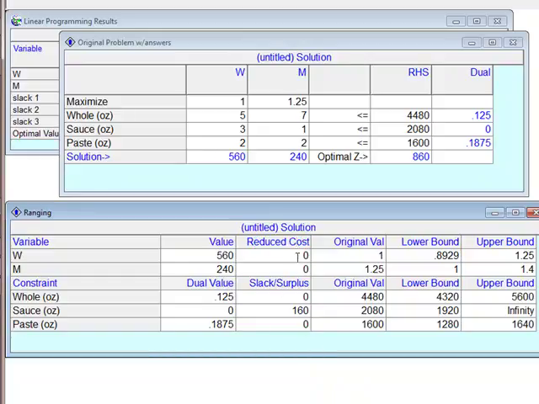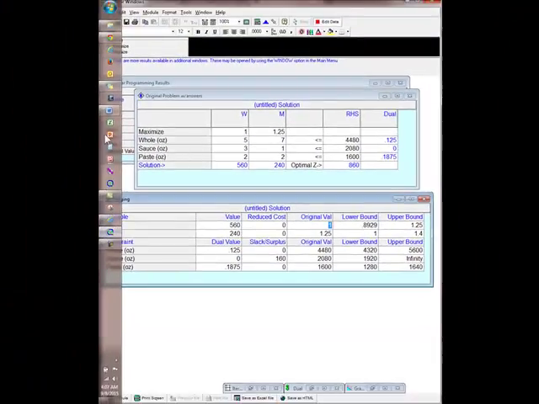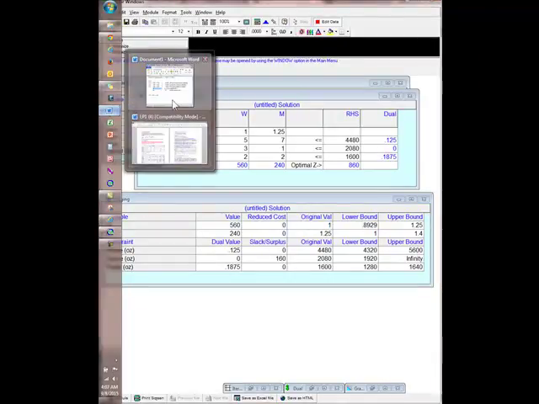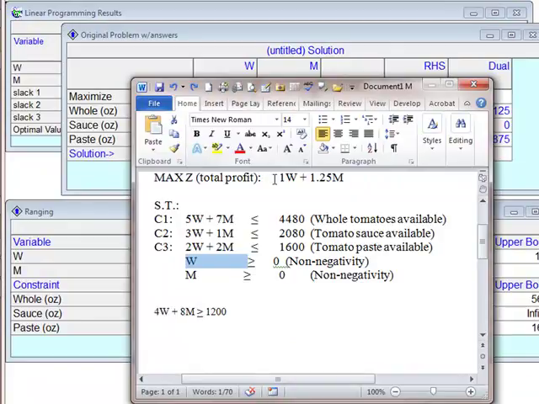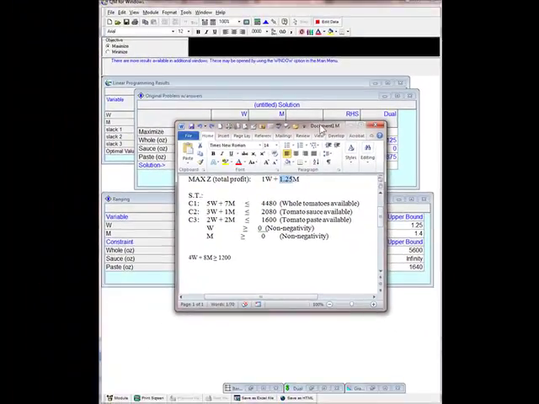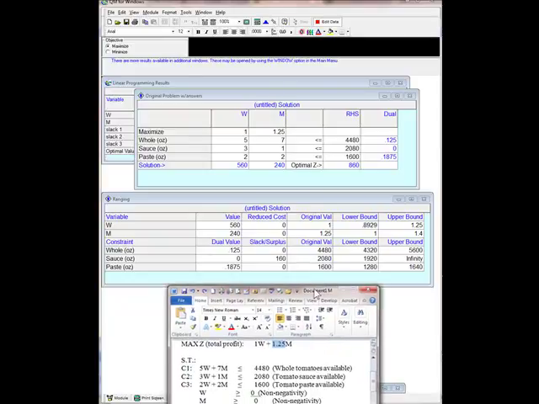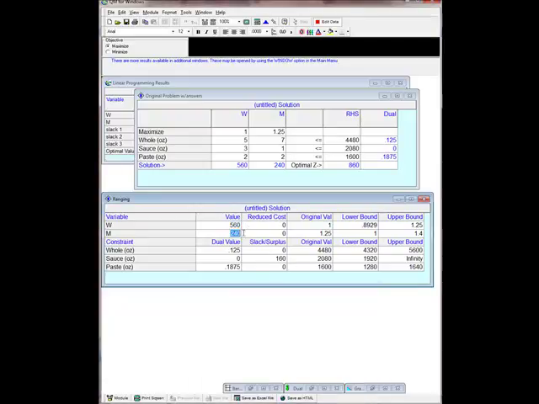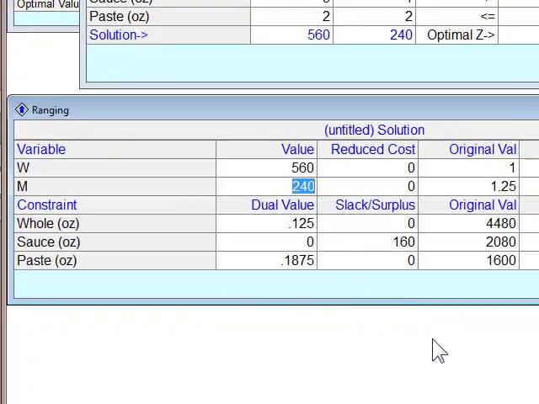Reduced cost is how much the objective function coefficient of a variable must be improved for that variable to have a positive value in the final solution.